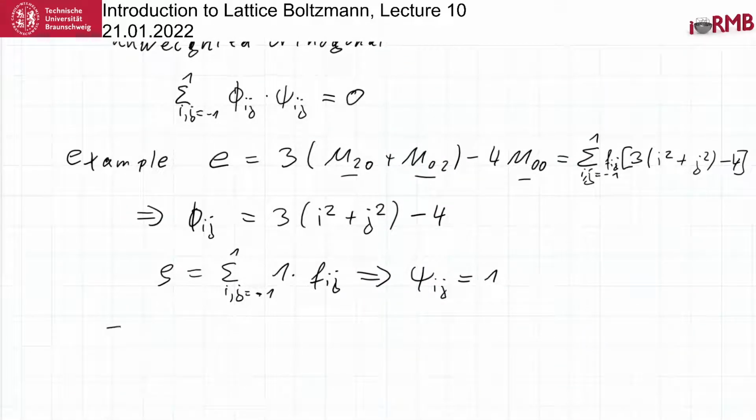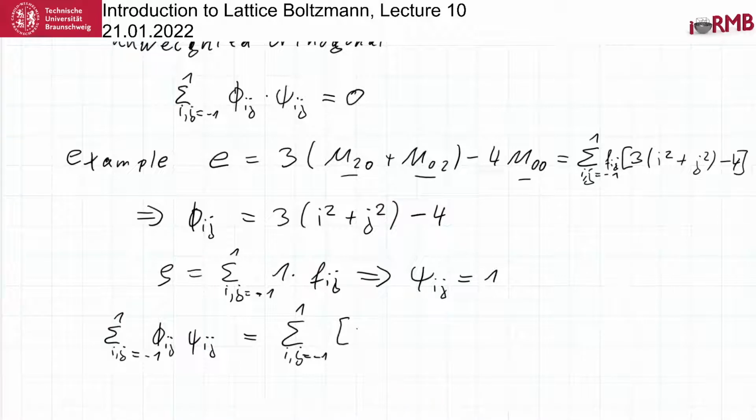And if we now take this scalar product, sum over ij from -1 to 1 of phi ij times psi ij, what we get is the sum over ij from -1 to 1 of 3 times i square plus j square minus 4, which we multiply by 1.